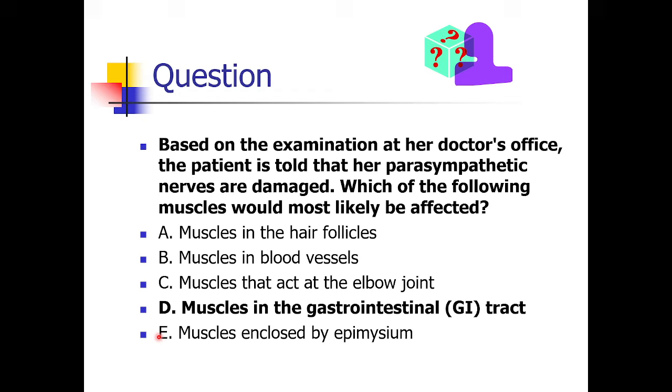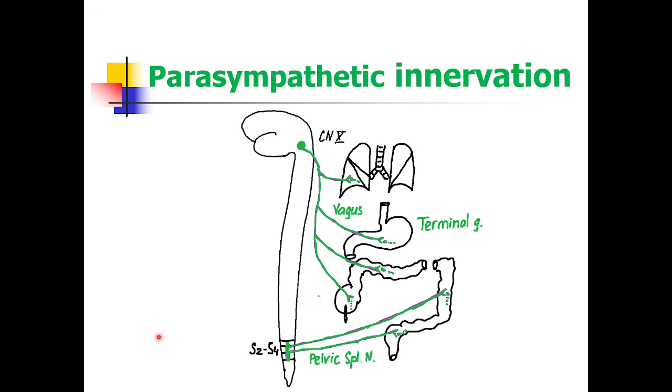Now, for parasympathetic though, we have two centers. We have cranial center, we have caudal center. Guys, that cranial center now has only that dorsal motor nucleus of vagus, but you will learn in the second year that cranial nerve number 3, oculomotor, cranial nerve number 7, facial, cranial nerve number 9, glossopharyngeal, and vagus, 4 of them, they do have parasympathetic centers in brain.